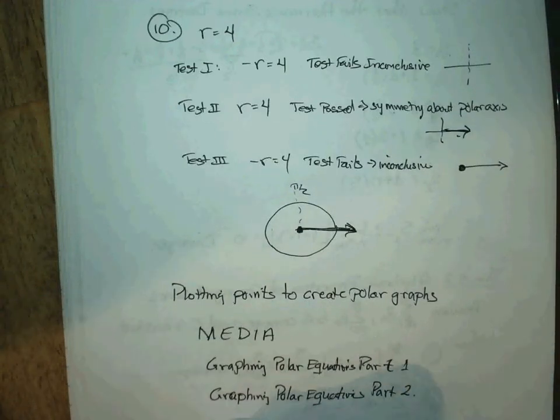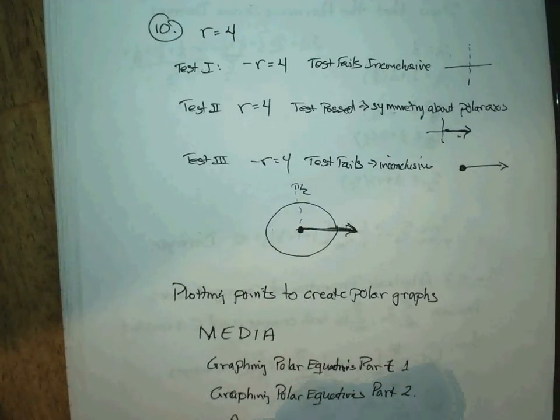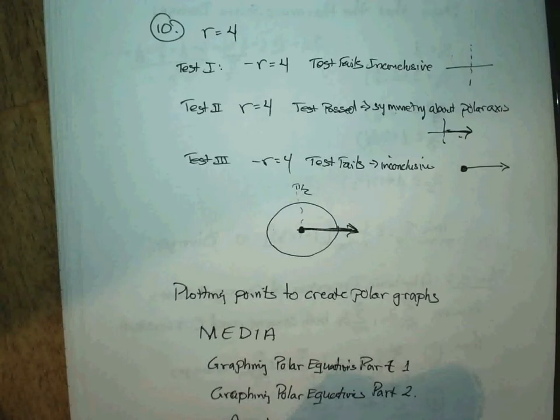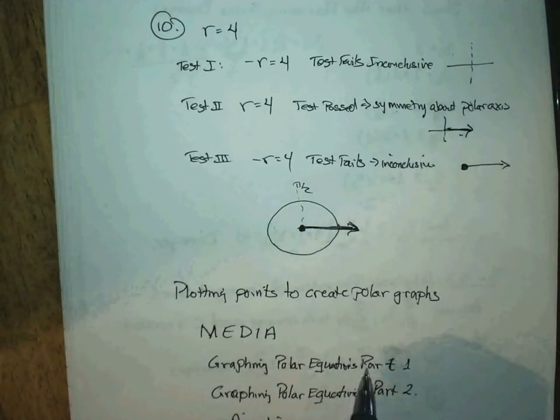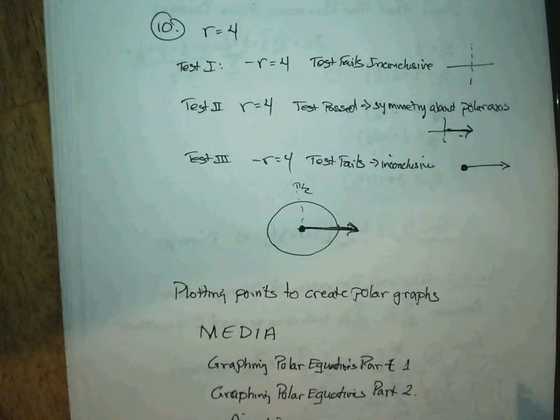These are nice illustrated graphs. You can also watch animation of the polar equation, which is a nice thing to be able to do on a computer that we can't do on a board. And if you're interested, you can look at the last one on graphing polar equations on your calculator.